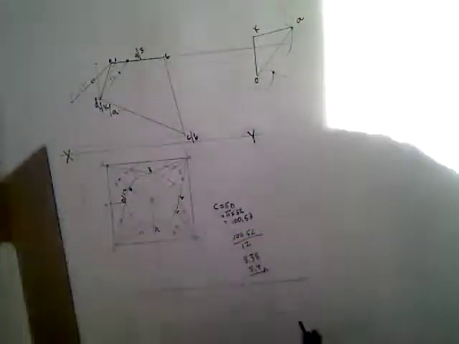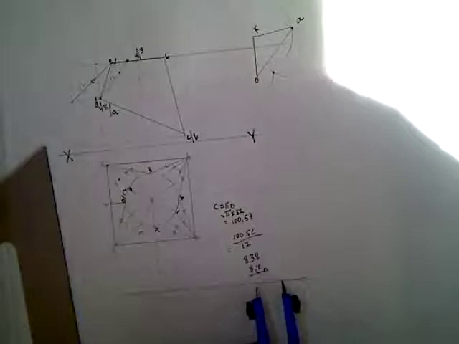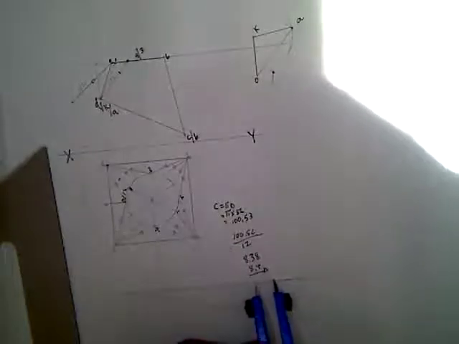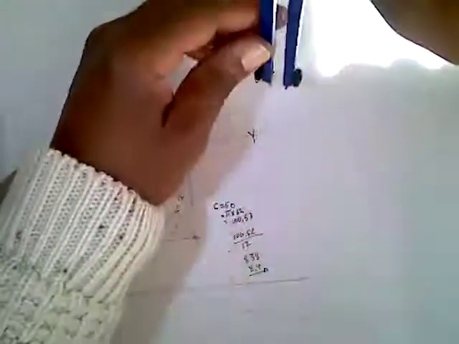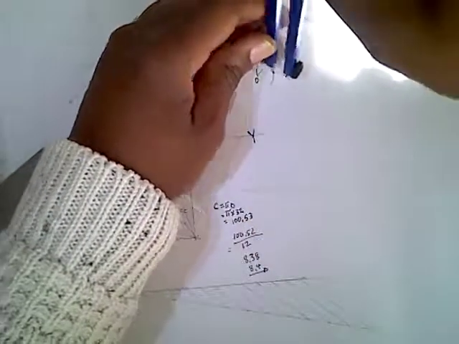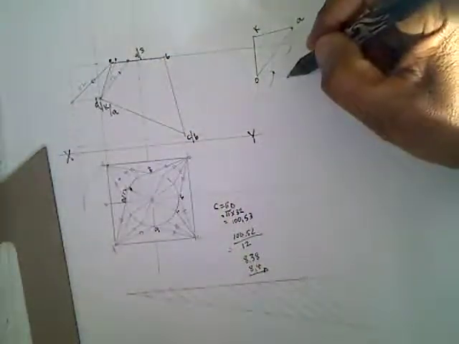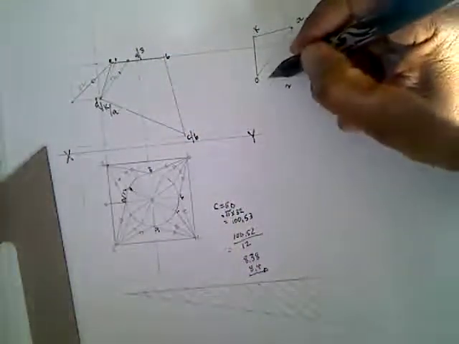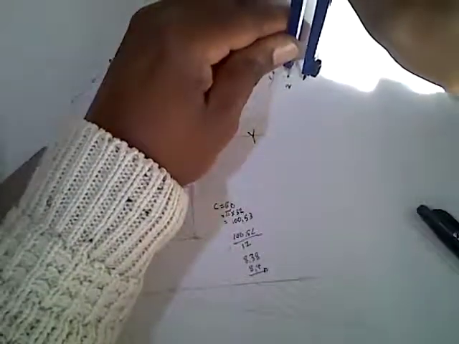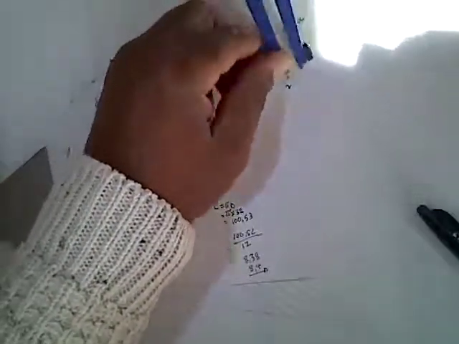We go back anywhere here, we take the length 1 to 2. Where they intersect, that will be my 2. And then, since it's still the same size, I'll be looking for 3 somewhere here.